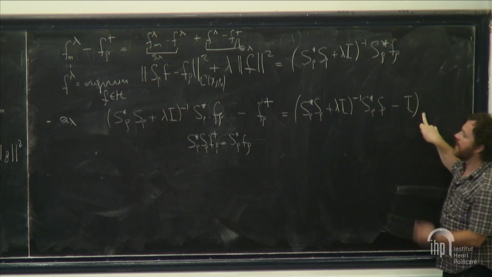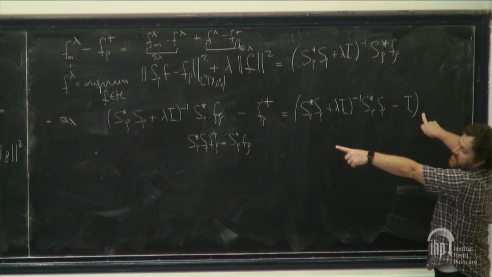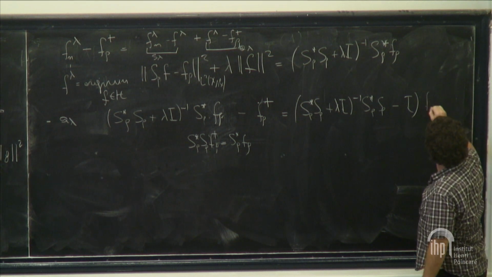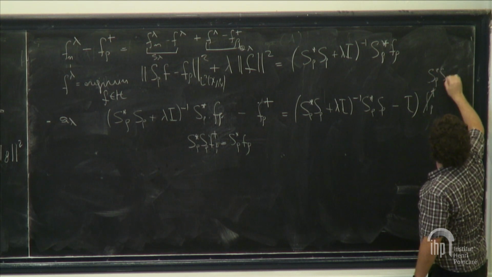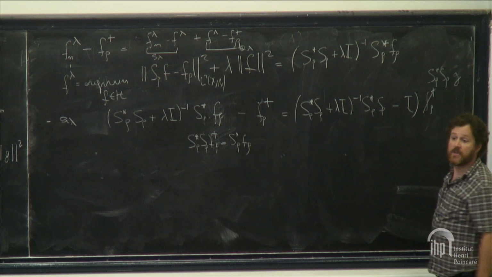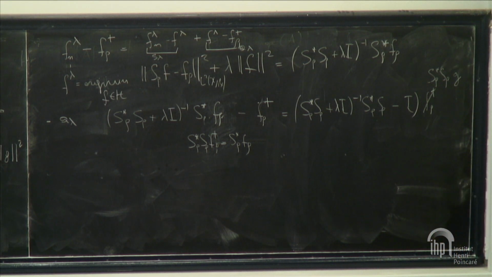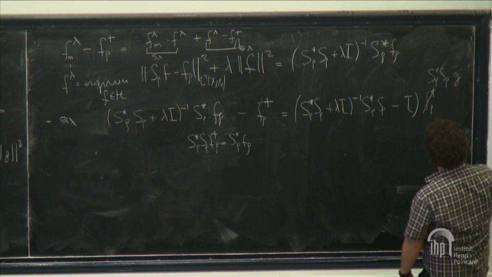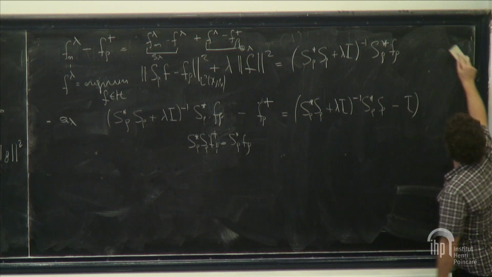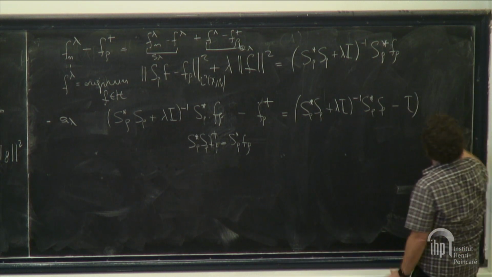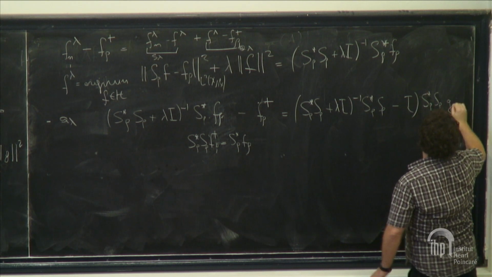I should write here f dagger rho, but you see I have my assumption there. So instead of this, I can actually write here S star rho S rho times my g. I just plug in assumption number 3. I'm going a bit fast here because I'm doing nothing.